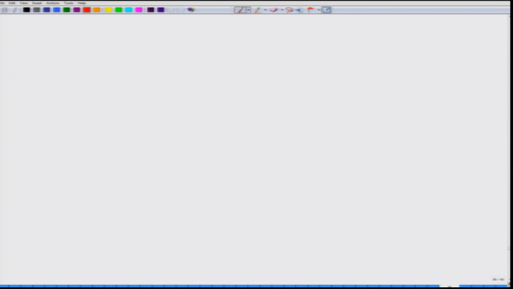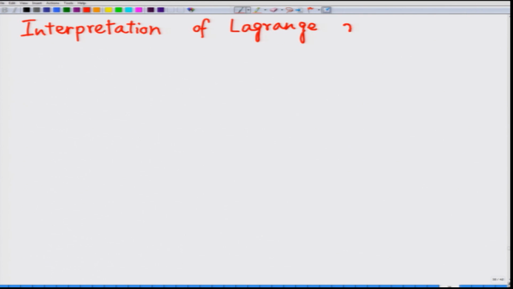So, the issue at hand is to get an interpretation of the Lagrange multiplier.